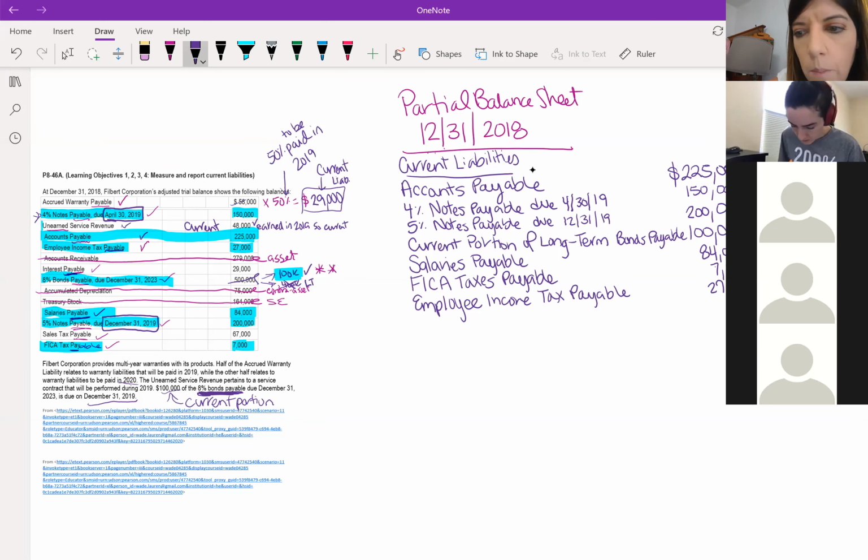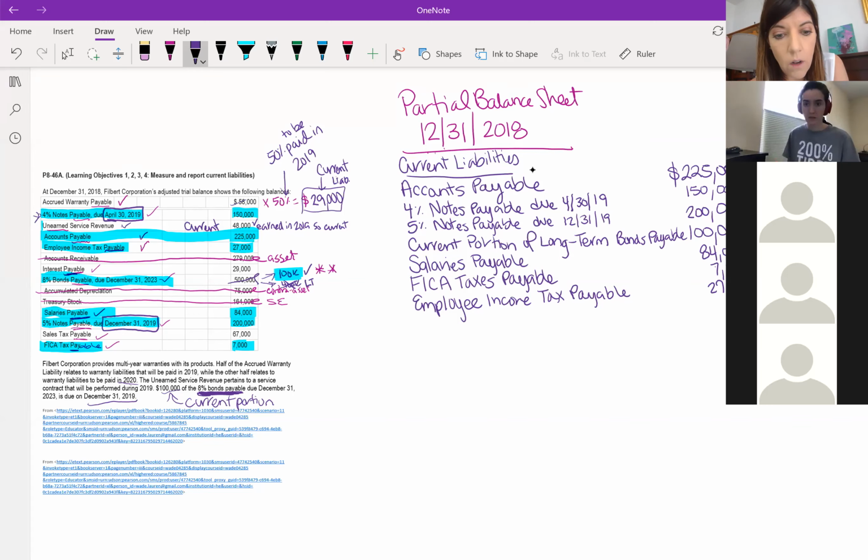So if you've ever looked at your pay stub, all of those taxes that they're withholding on your behalf is where these payables are coming from. And when they pay you is the date that they send those taxes off on your behalf to the government.